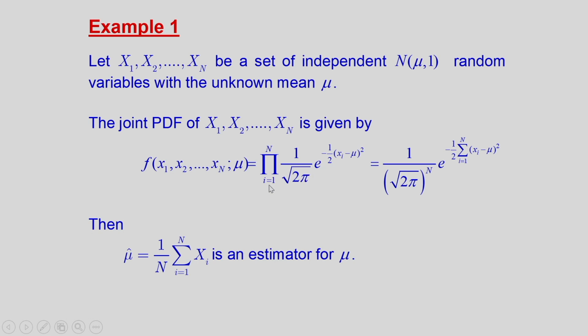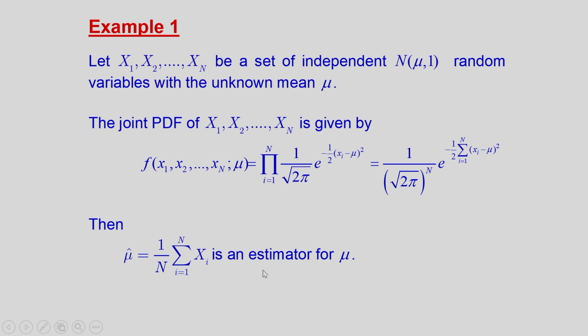So, it is the product, i going from 1 to n, of 1 by root over 2 pi, e to the power minus half of (xi minus mu) whole square. Using the property of the exponential function, we can write it in terms of a sum. This is the joint PDF of the data, and here the unknown quantity is mu. If we take mu hat equal to 1 by n times the summation of xi, i equal to 1 to n, it is an estimator for mu.